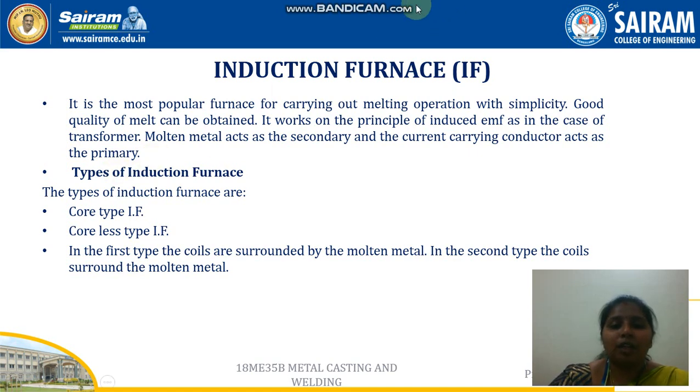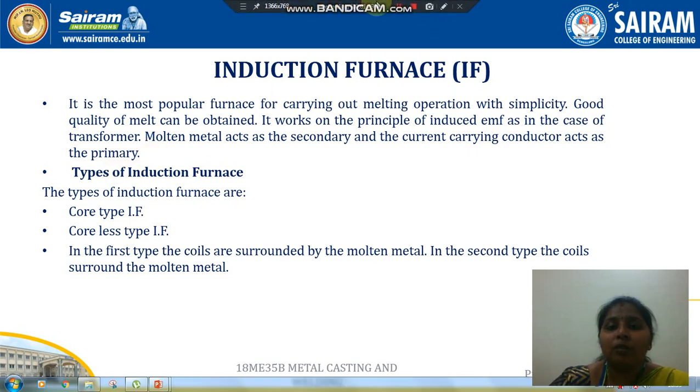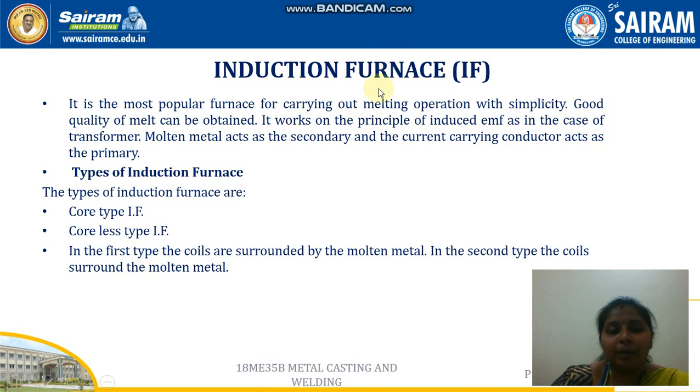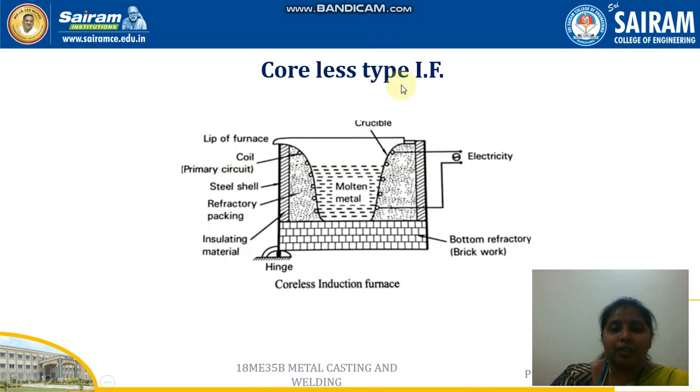Now let us see in detail the different types of induction furnace. The first one is the coreless type. Among the two types, the coreless induction furnace is the commonly used one.